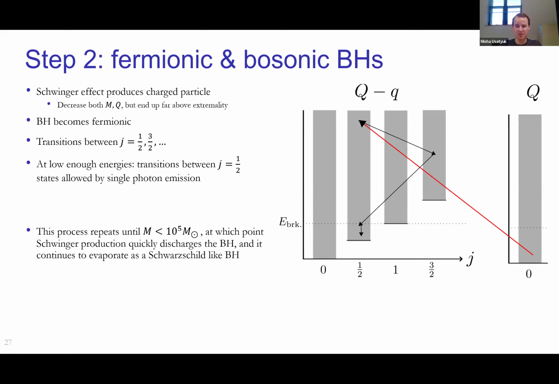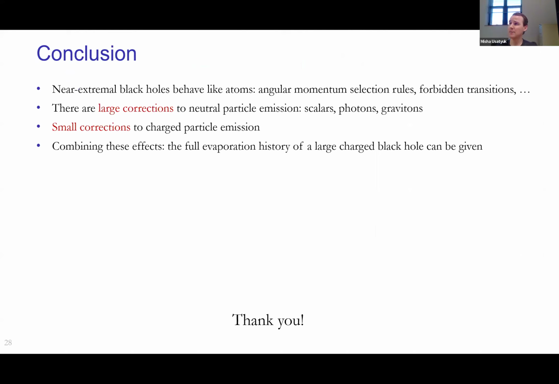Okay, good. I'm a few minutes over time, but to conclude, near-extremal black holes behave very similar to regular atoms. They have angular momentum selection rules and forbidden transitions. And the gravitational path integral tells us there are large quantum corrections to many dynamical processes of these black holes.